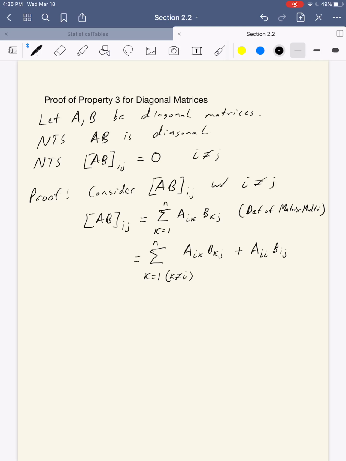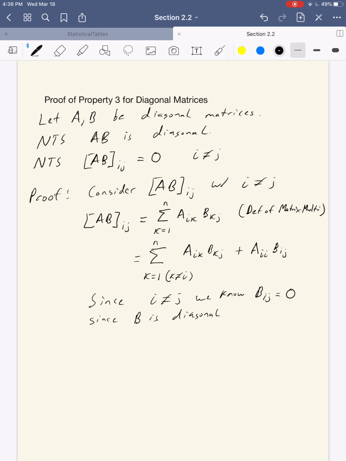So why do we do that then? Well, let's think about this piece right here. Remember that we're making the assumption that i is not equal to j. So again, we're focused on this portion right there. Since i is not equal to j, we know bij equals 0. How do we know that? Since B is diagonal.